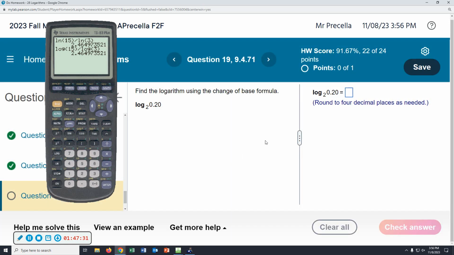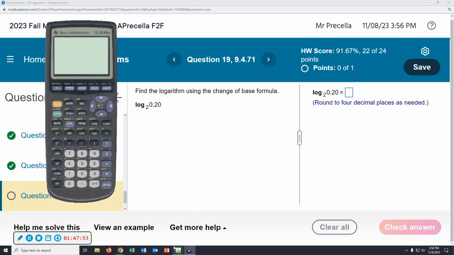Here's another one. I won't use both log and ln this time. I'll just use one of them, I guess ln. We should have made a point to illustrate that those parentheses are required. If they don't close the parentheses, then they're going to get the wrong answer.